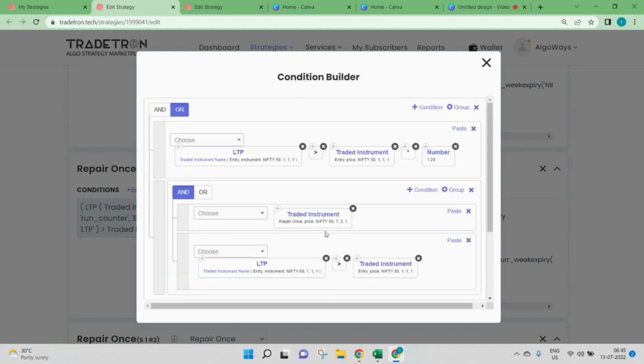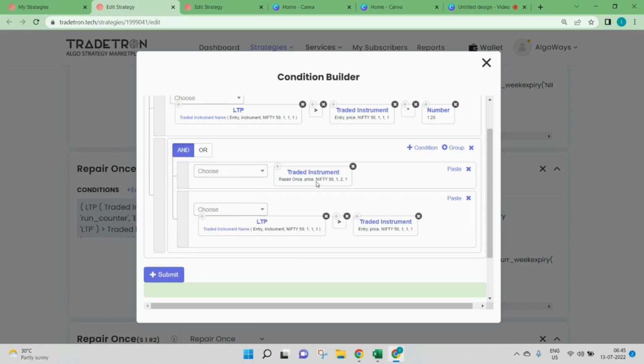So we are comparing that the current price of that particular instrument, that is the call option, is greater than the entered price into 1.20. Means if the current price goes above the entered price by 20%, we will exit that particular leg of call option. I have put another condition here in end, that traded instrument repair condition 1 to 1.